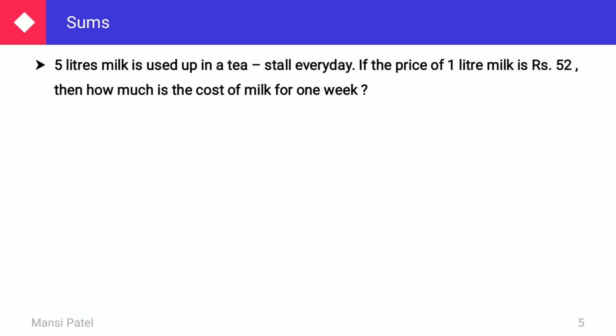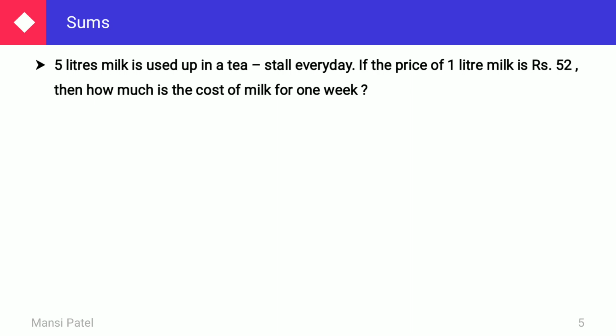Now see the sums. 5 liters of milk is used up in a tea stall every day. In one tea stall, they are using 5 liters of milk daily to make tea. If the price of 1 liter of milk is rupees 52, and you have to find out how much is the cost of milk for 1 week.